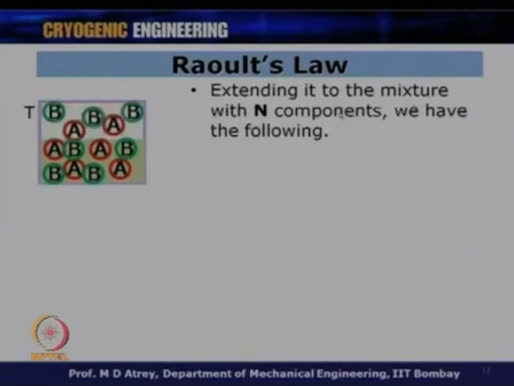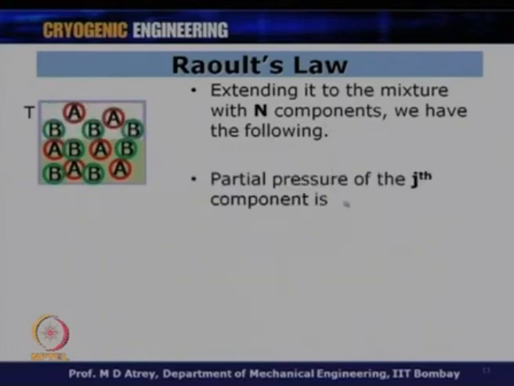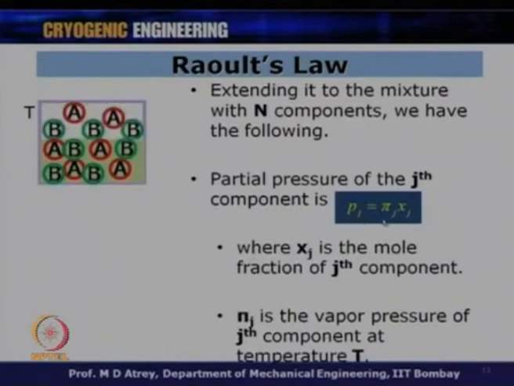Extending it to a mixture with n components, the partial pressure of the jth component is Pj equal to πj xj. It is not A and B anymore; I am applying it to any jth component if you have n components in a given mixture, where xj is the mole fraction of the jth component and πj is the vapor pressure of the jth component at temperature T. It's clear. I am just generalizing what we studied earlier.